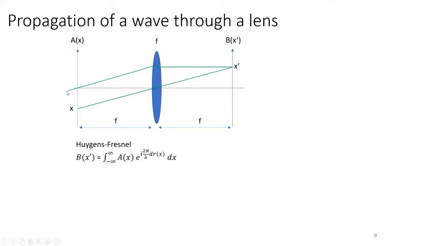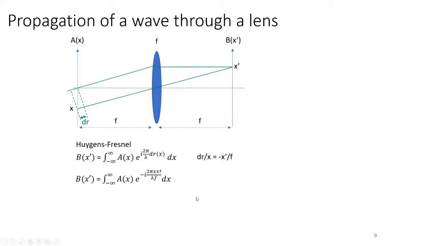The path depends on where you're located along this axis. If you define this to be the reference path, a source at location X will take an extra amount of time, corresponding to this extra traveling distance dr. You can express dr using basic trigonometry, to the first order, as proportionally linear to F and X prime.